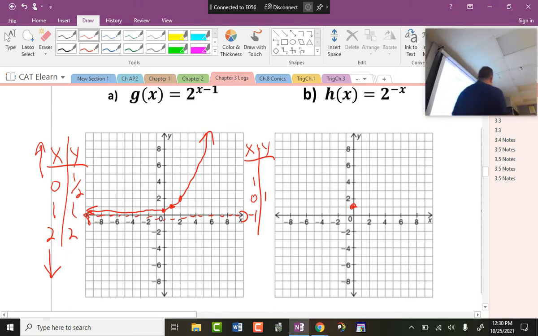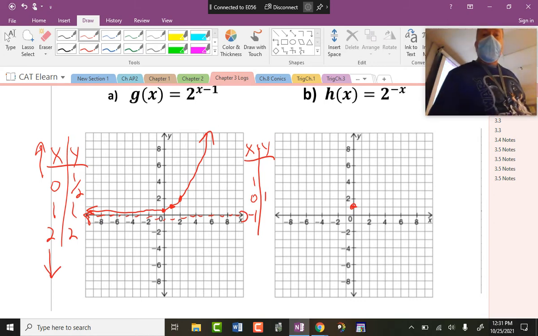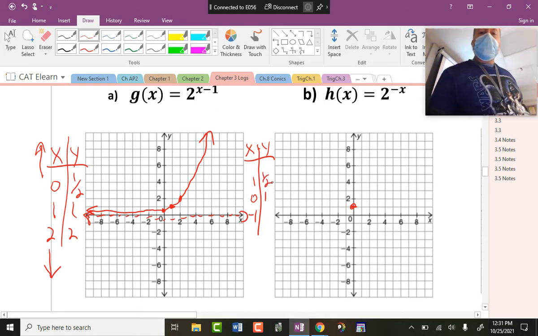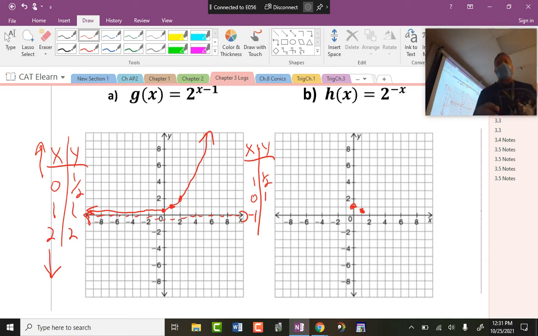But when I plug in 1, it turns negative before I take 2 to that power. So now this is 2 to the negative first. This is a half. So this is why this looks like a y-axis reflection. And then when I plug in negative 1, negative 1 is 1. 2 to the first is 2.